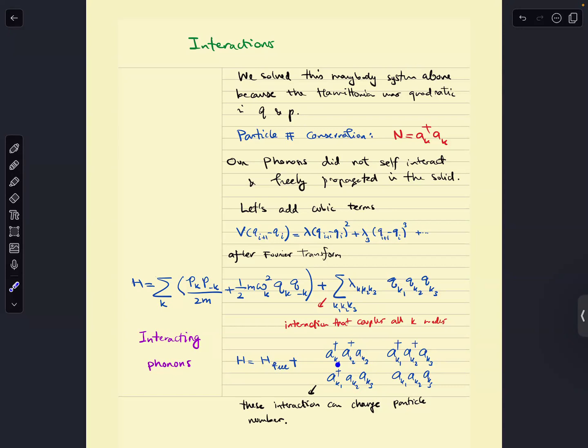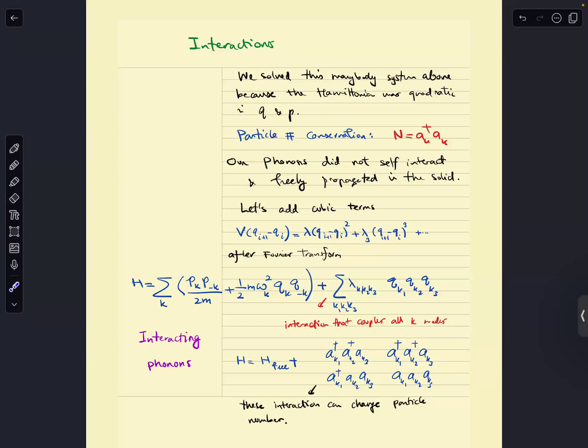The momenta have to sum up to 0. However, the particle number is no longer conserved. This changes the particle number. This increases it by 1. Annihilates 1, creates 2. This term, same thing. This term removes 3 particles. This term removes 1 particle.